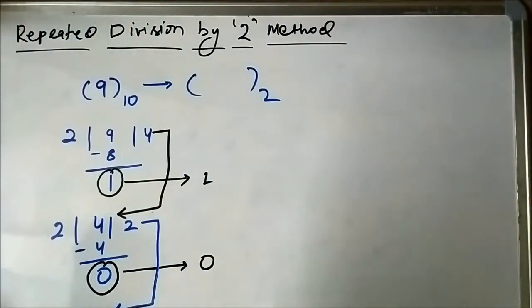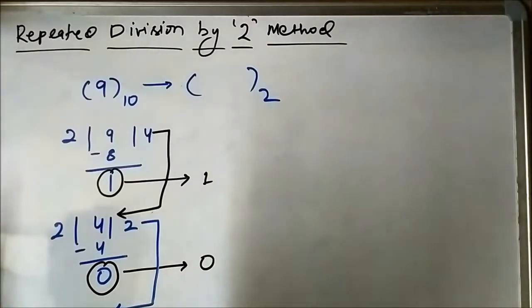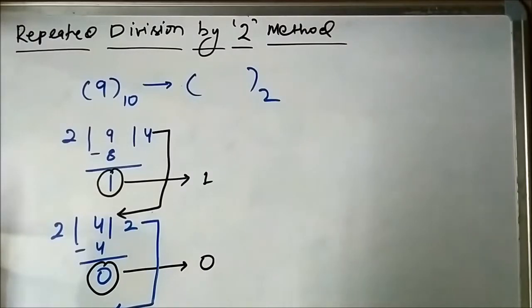If we multiply 1 by 2 we will get 2, and the remainder is 0. This 0 goes outside.